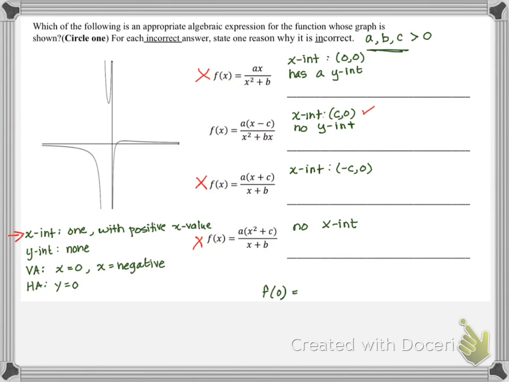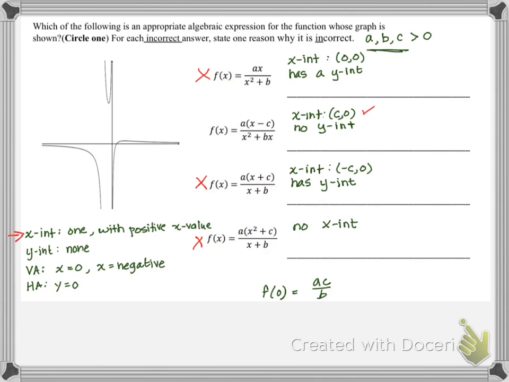Mm-hmm. Right, if x is 0, then 0 plus c is c times a. And we don't have to write down what that is, because all we really have to write to prove that this is not the correct function is that it has an x-intercept. Or sorry, a y-intercept.